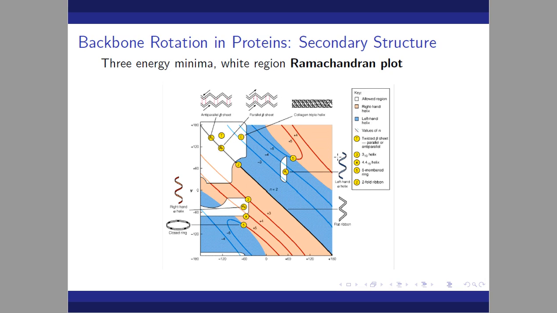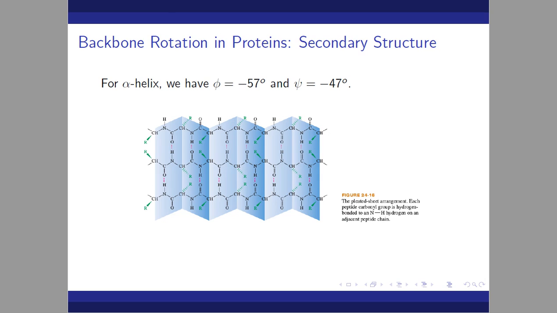The rest are not probable configurations. For alpha helix we have phi equal to minus 57 degrees and psi equal to minus 47 degrees, so this angle is minus 57 and minus 47.